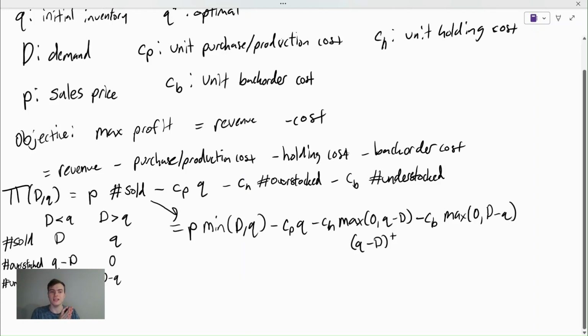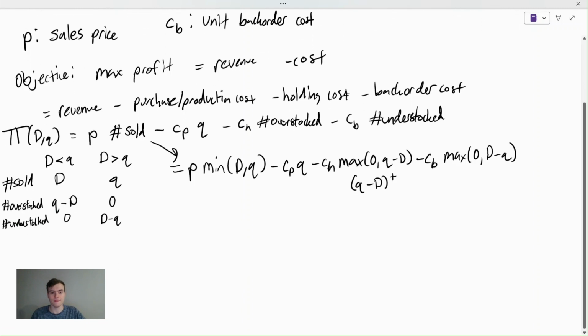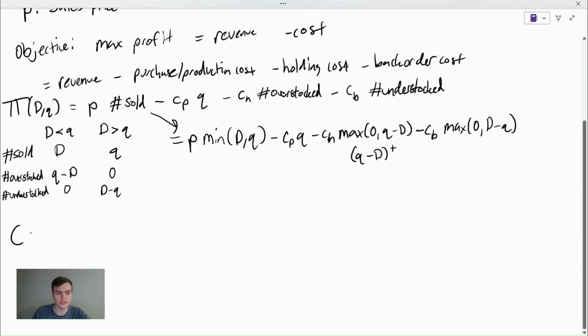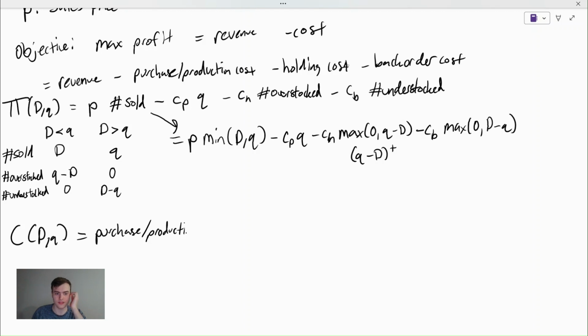So instead of phrasing it in terms of profit, let's phrase it in terms of cost, right? So let's make a new function, C of D,Q equals the purchase production cost plus the holding cost plus, now we're going to say the shortage cost.